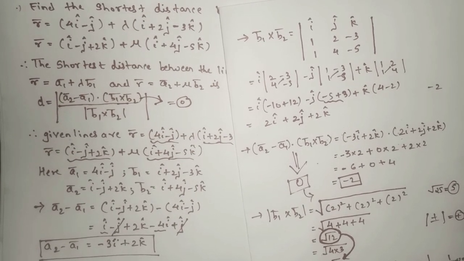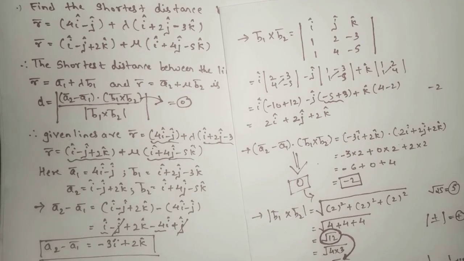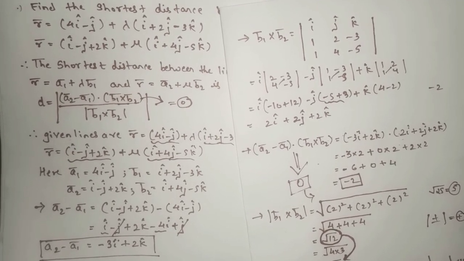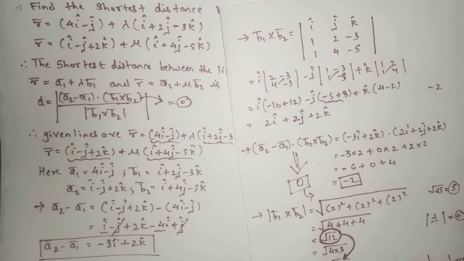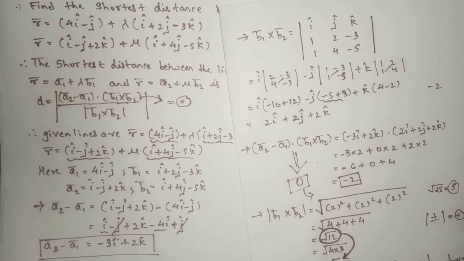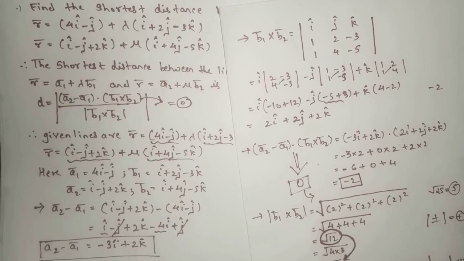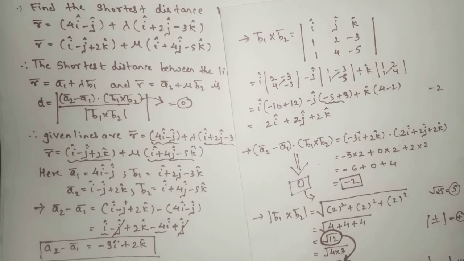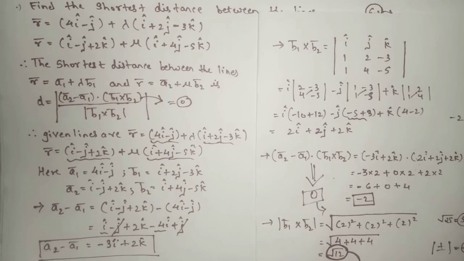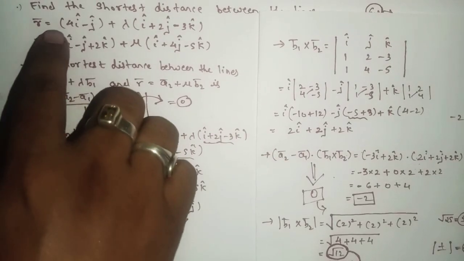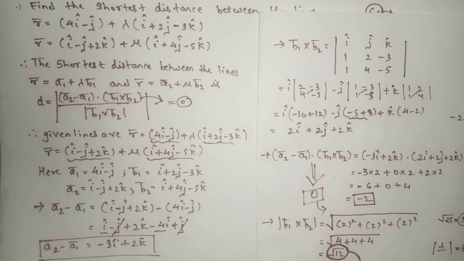There is one sum based on this where you have to check whether the two vectors are intersecting or not. This type of sum is there in the solved examples as well as in the miscellaneous exercise, so you can try it by yourself. They will simply add one sentence: check whether the given two vectors are intersecting or not.